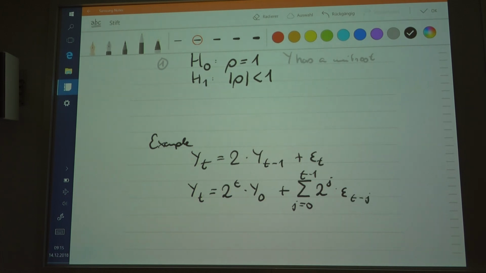So this process tends towards infinity almost surely. The realizations of the process will tend to infinity almost surely.